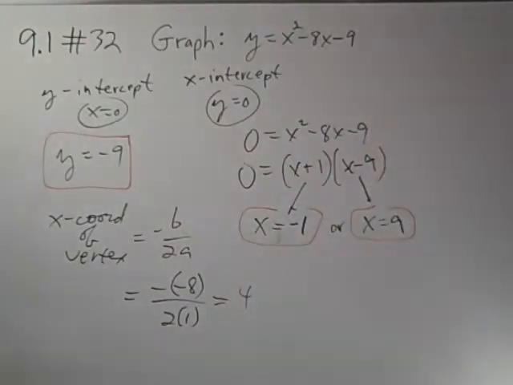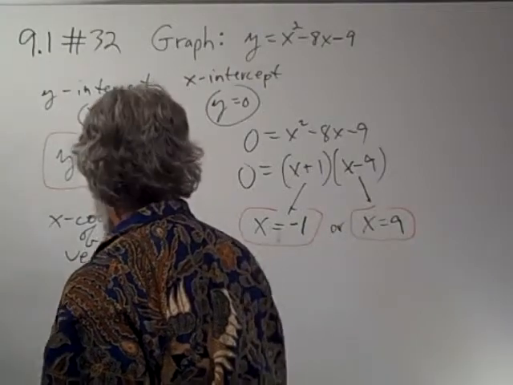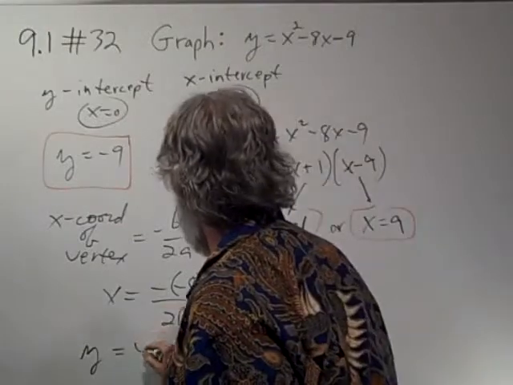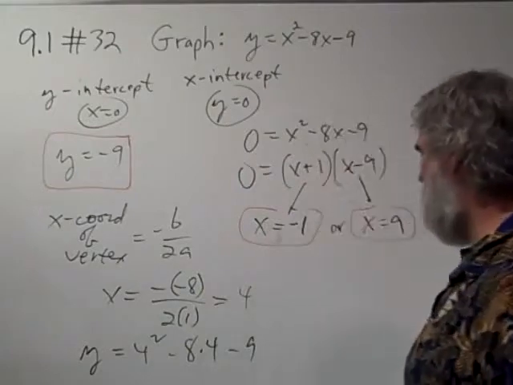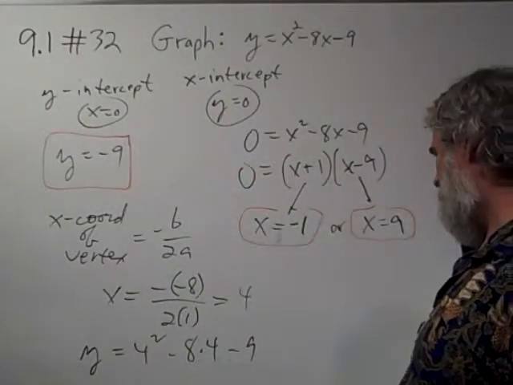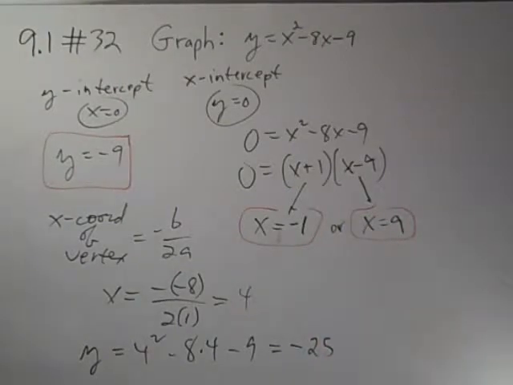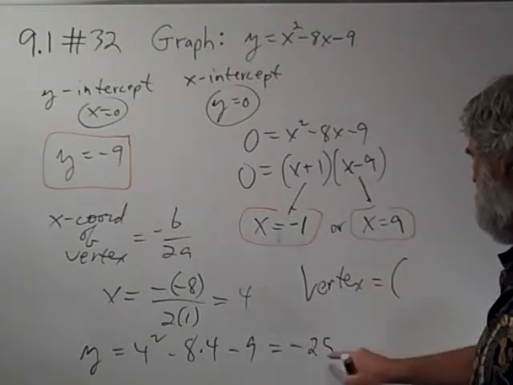The y-coordinate you get by substituting x equal 4 into the equation of the parabola. So we plug x equals 4 into this equation, so we get 4 squared minus 8 times 4 minus 9. And that's negative 16, negative 9 is negative 25. So the vertex is the point 4 comma negative 25.